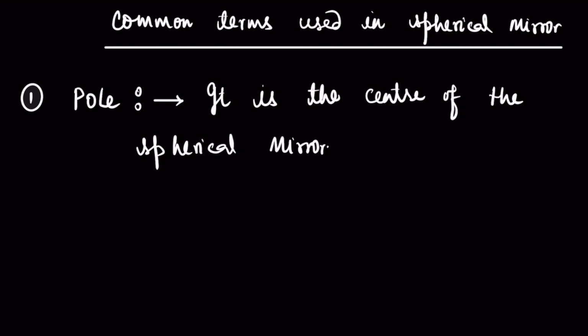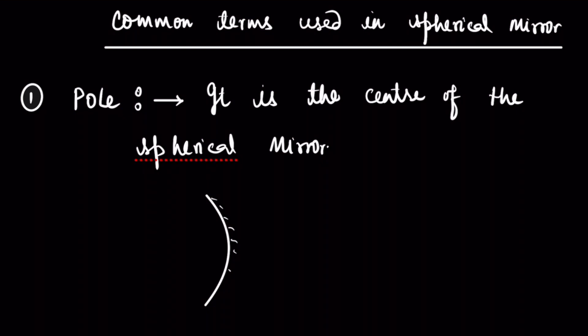So here in concave mirror, the center of the spherical mirror is represented as P. For the convex, here we can put the pole. That's the center of the spherical mirror.